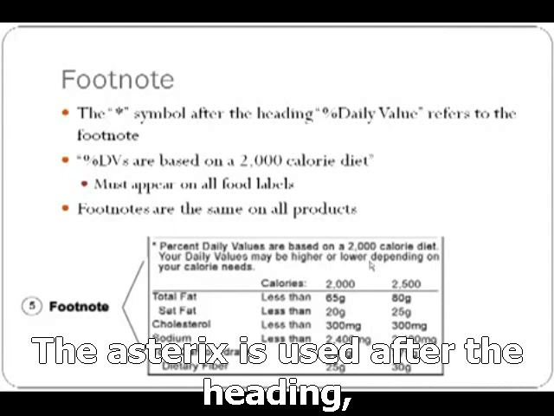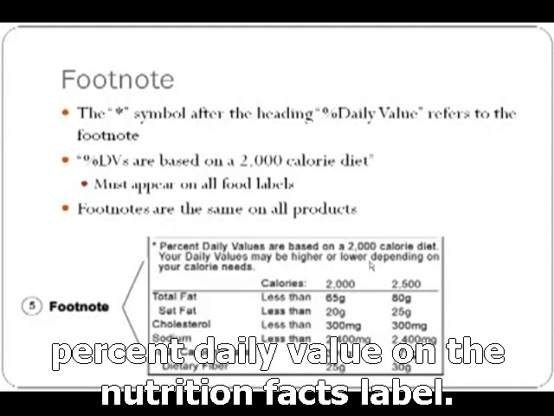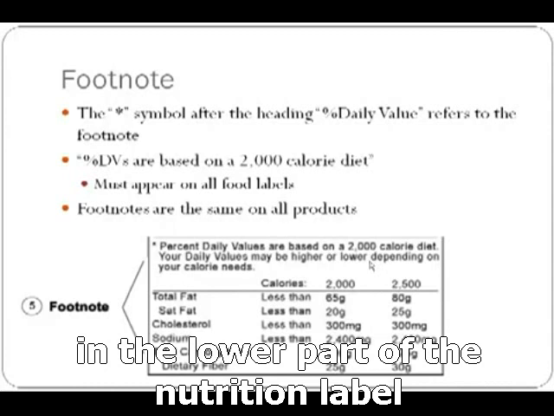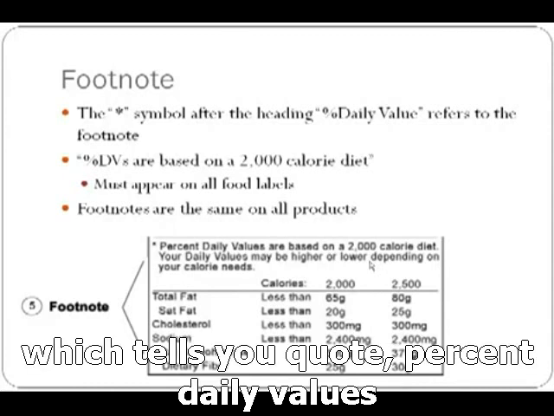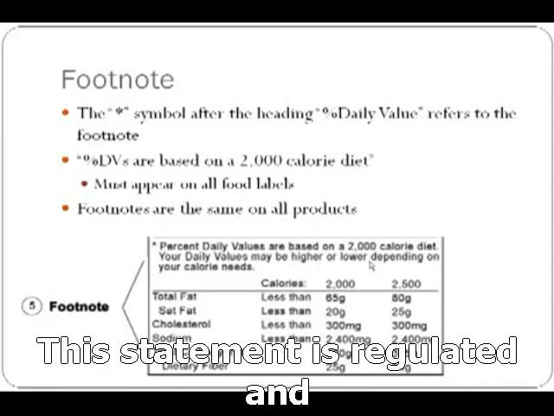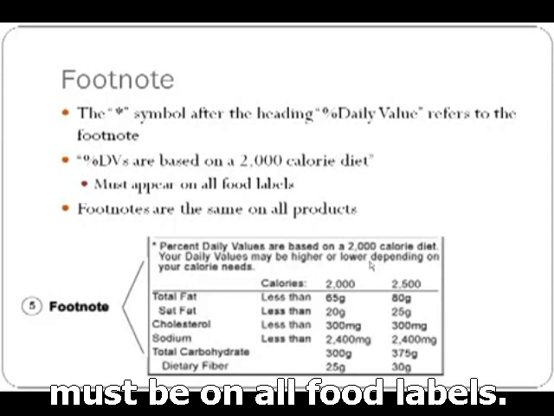The asterisk is used after the heading percent daily value on the nutrition facts label, and this refers to the footnote in the lower part of the nutrition label, which tells you, quote, percent daily values are based on a 2,000 calorie diet. This statement is regulated and must be on all food labels.